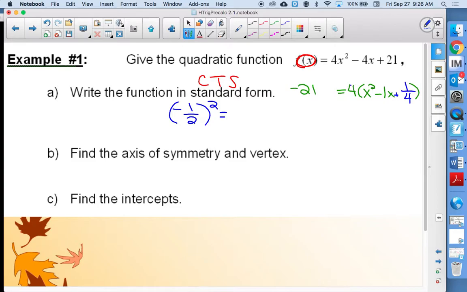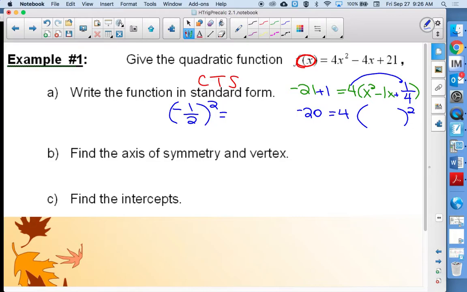Well, when you multiply the 4 times 1/4, what is 4 times 1/4? 1. So on the other side, we're just adding a 1. So it's not too bad. Yeah, we've got a 1/4 in there, but at least on the other side we added a nice number of 1. So my left side now says negative 20. The right side has the 4.